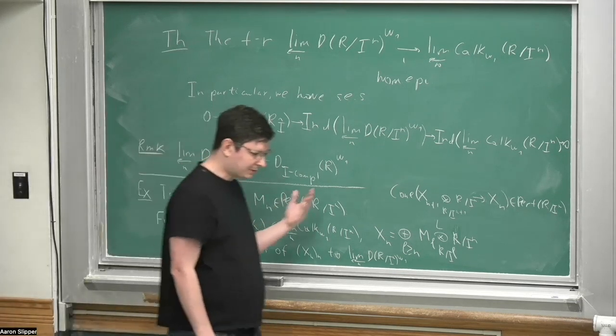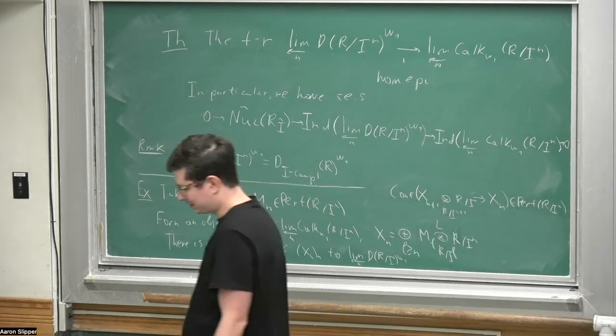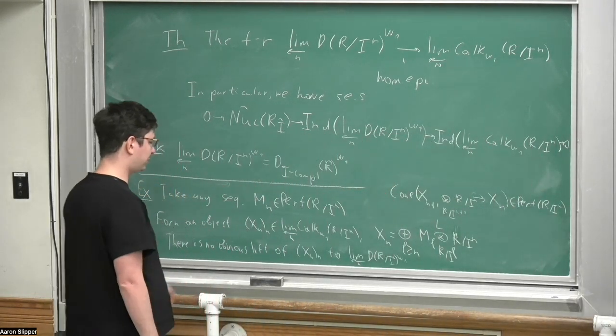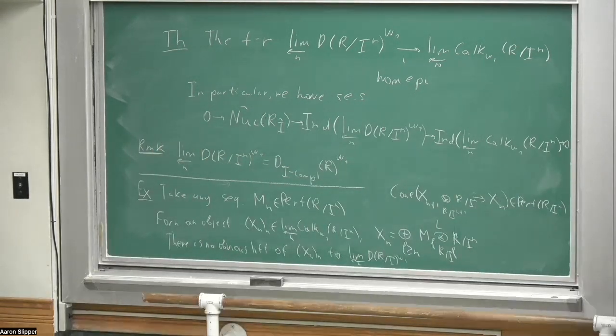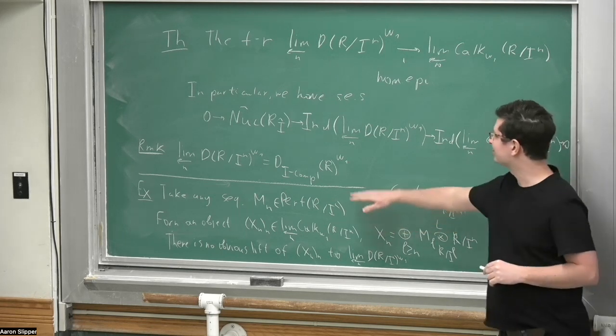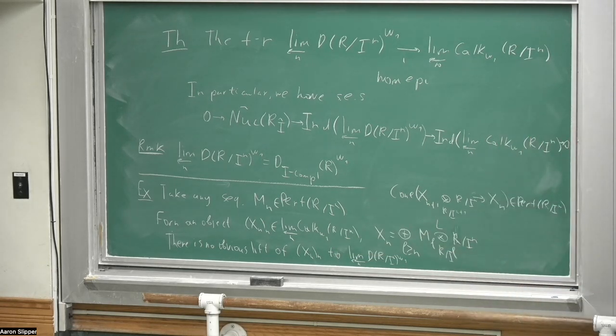This theorem implies that at least up to direct summands, such an object can be lifted to the usual inverse limit of derived categories, but I don't have any constructive proof of this fact. I can prove it using the general theory, but there is no explicit way. In particular, it will be important for the computation of K-theory just to know that this particular object can be lifted to the inverse limit of derived categories.